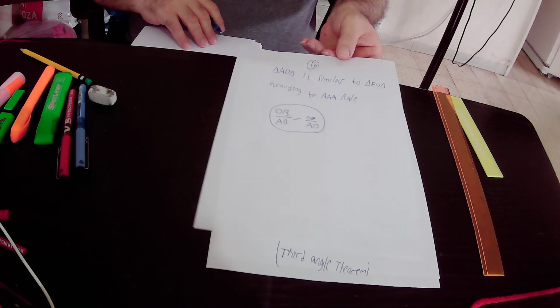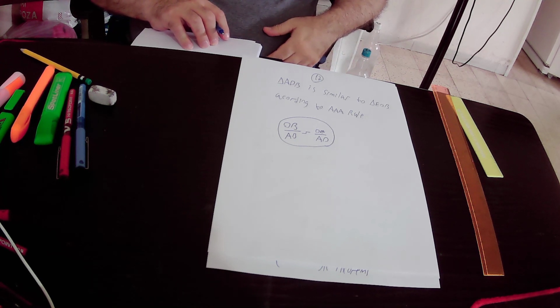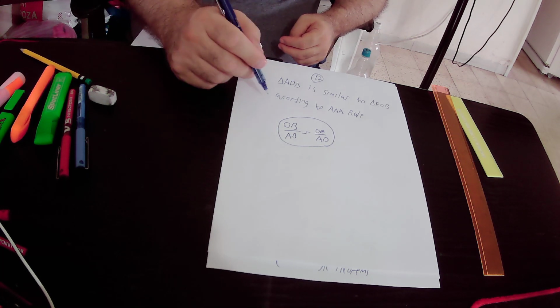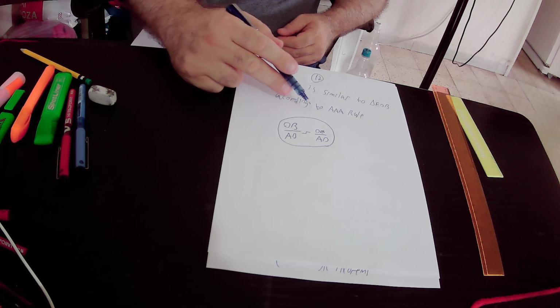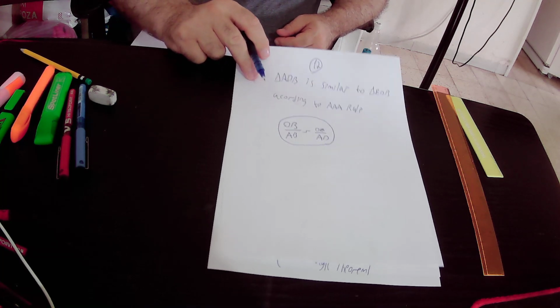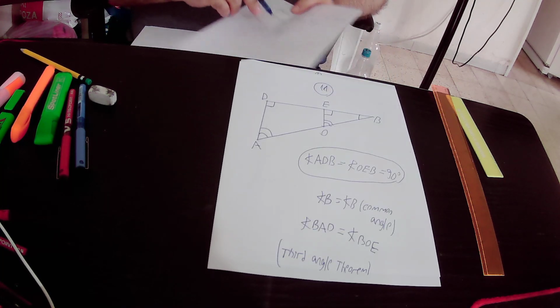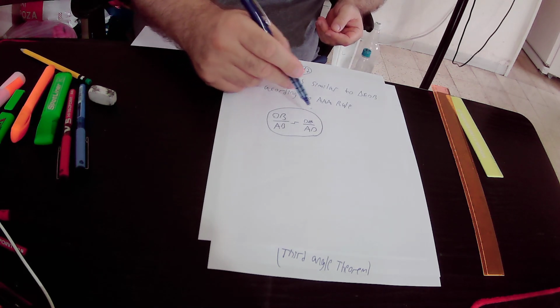Again, because we proved that the big triangle is similar to the small triangle, the following relationship exists between the sides of those two triangles. OB over AB equals OE over AD.